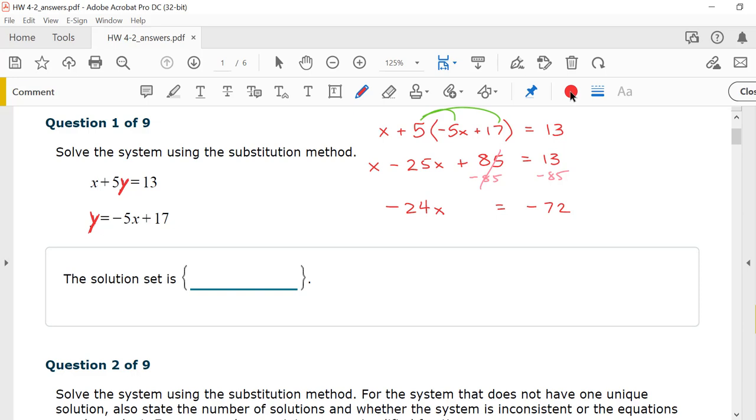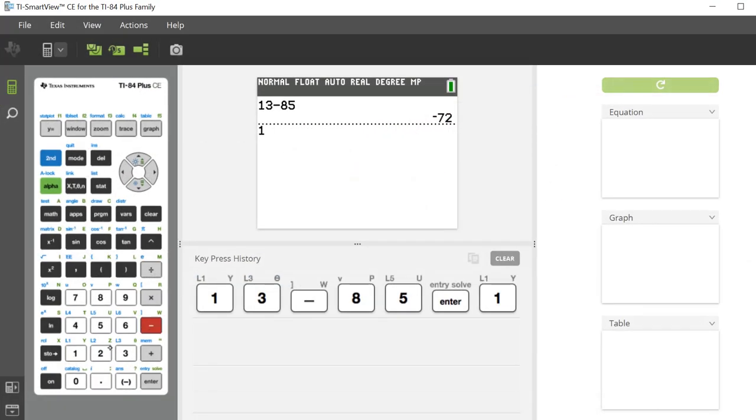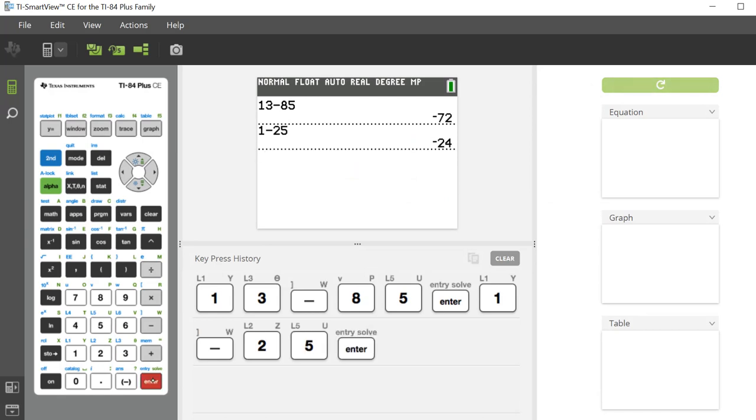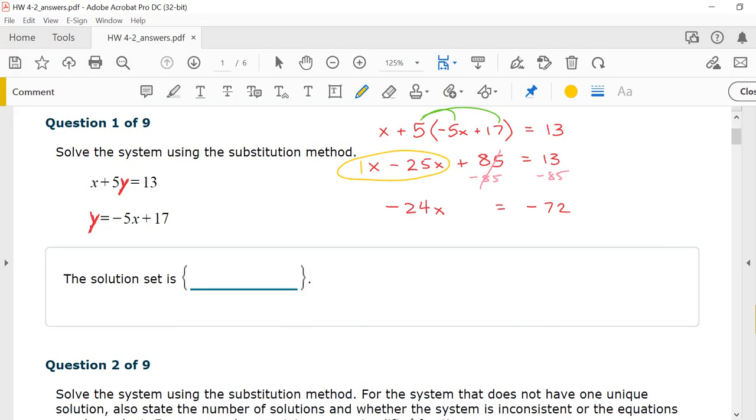I did two things in that step. The x minus 25x, that's really 1x minus 25x. So 1 minus 25 was negative 24. So that's where that negative 24x came from.